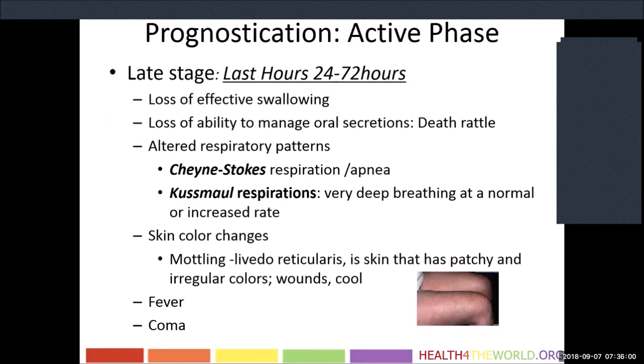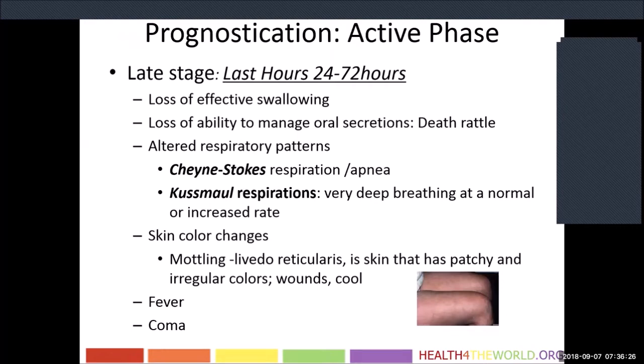When they enter into the late active phase, which is in the last 24 to 72 hours, they've lost the effective ability to swallow. So these are your loved ones, and they're trying to give them sips of water. They're choking. They're closing their mouth. The food's staying in their mouth. They just cannot do it anymore. They have difficulty managing their oral secretions. This is that loud sound that you hear when patients are dying, what we call the death rattle.